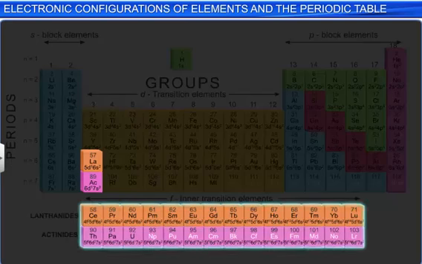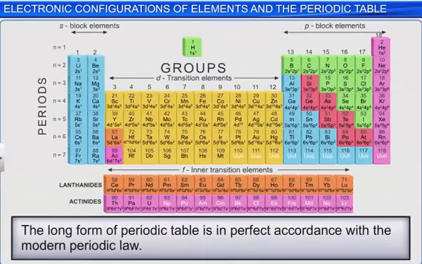Thus, the long form of the periodic table is in perfect accordance with the modern periodic law, keeping electronic configuration, which in turn depends on atomic number, as the basis of classifying elements.